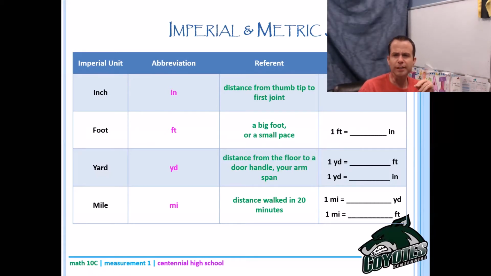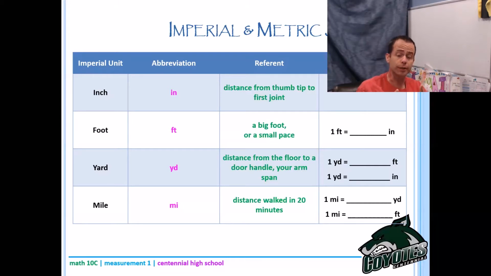A yard is the distance from the floor to the door handle, or your arm span. One arm span, remember that's what King Henry did, right? With his thumb, from his nose to his thumb, that's roughly an arm span, so that's about a yard. A mile would be about the distance you would walk in 20 minutes, okay?